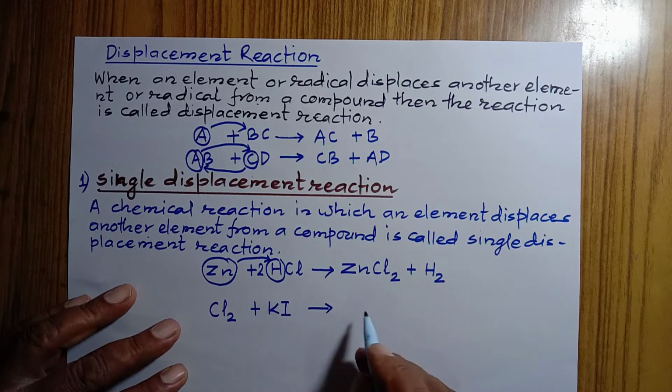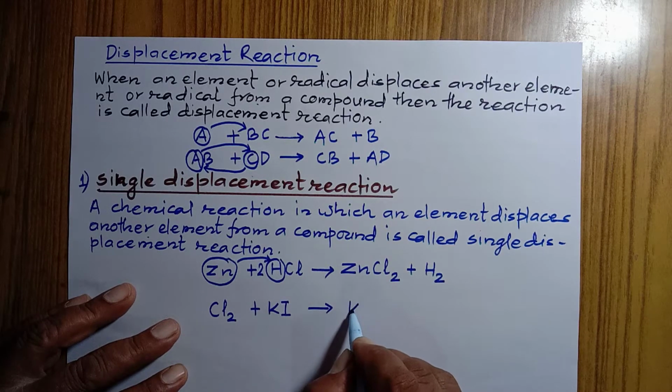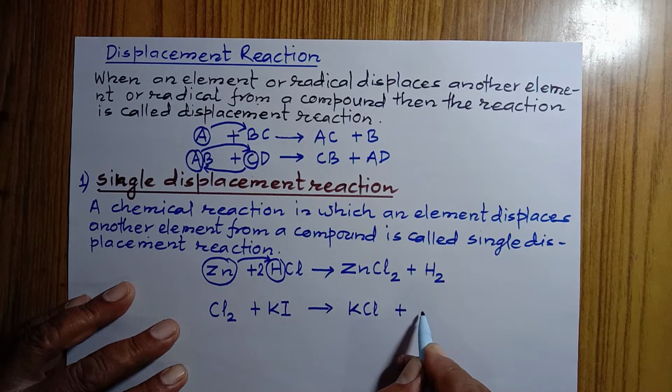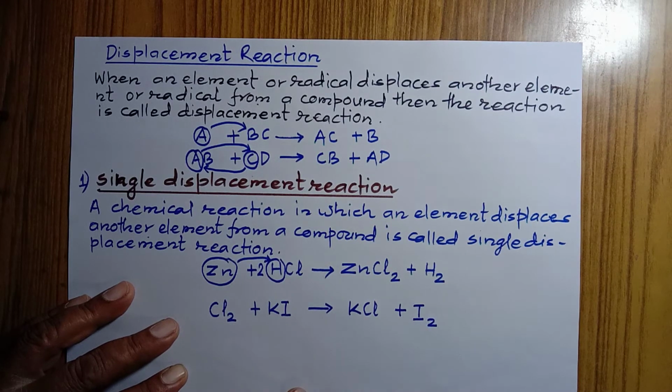And what happens? Now potassium chloride forms. Now we have to exchange the valency. Potassium 1, chlorine 1, equal valency, so no exchange. Now displaced iodine is free and iodine is diatomic, that's why we have to write I2.